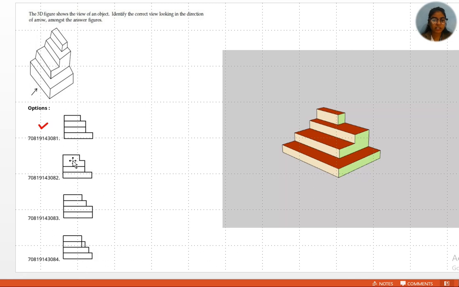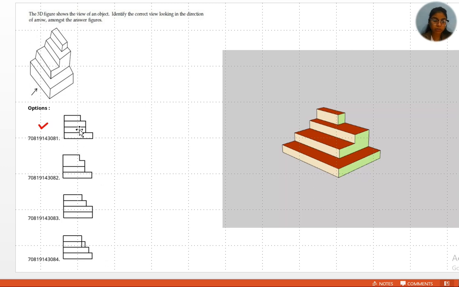It also has 1, 2, 3, 4 levels. In the question also you get to see 1, 2, 3, and 4 levels. I'm talking about this level: 1, 2, this 3, and this 4. This 4-level you will be able to see. But option number B, C is indicating only 3 levels to you. So option number B is wrong. Now we are left with A, C, and D.